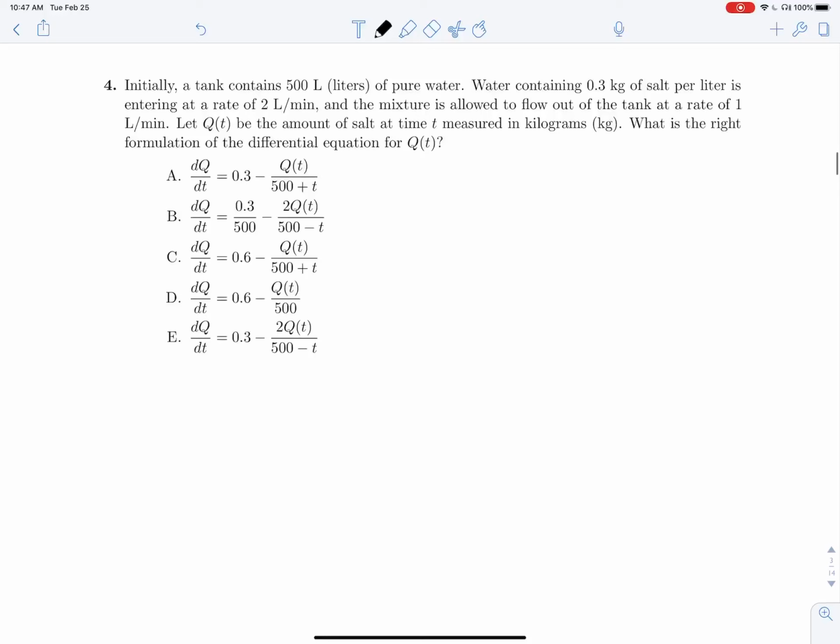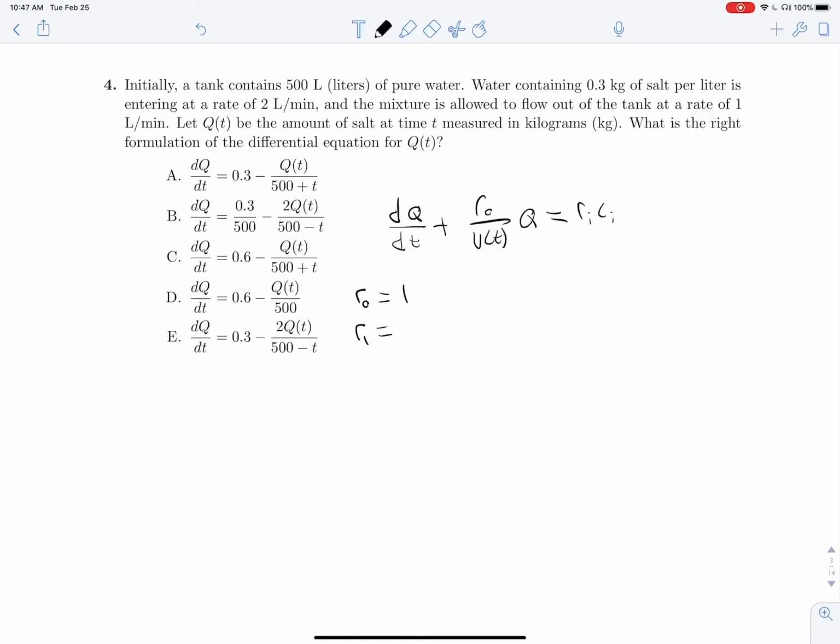Initially, a tank contains 500 liters of pure water, and so on. We're going to go through all this anyway in a second, because we know that our equation for this kind of thing, when we have some solute entering a tank and then leaving the tank at the same rate or a different rate, is dQ/dt plus r_o over V(t) times Q equals r_i c_i. So r_o in this case is the rate of outflow from the tank, and it says that that's 1 liter per minute.